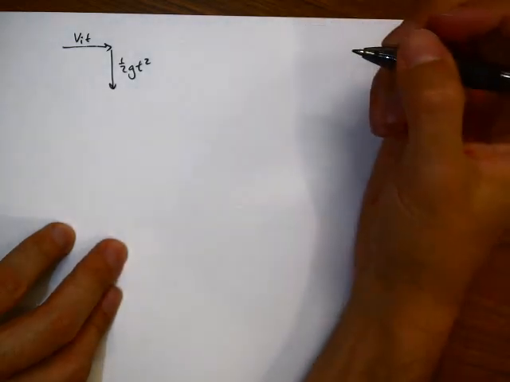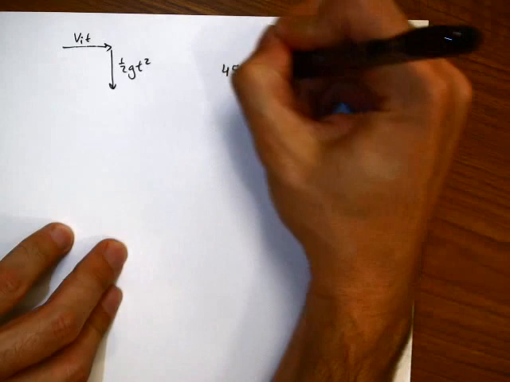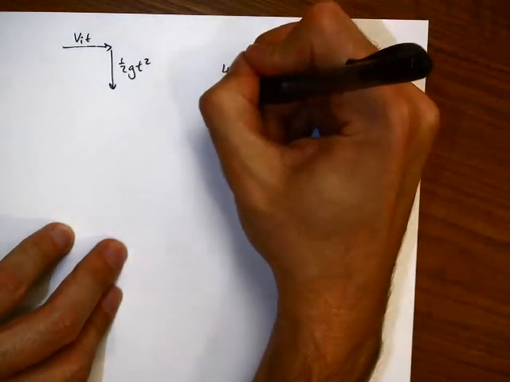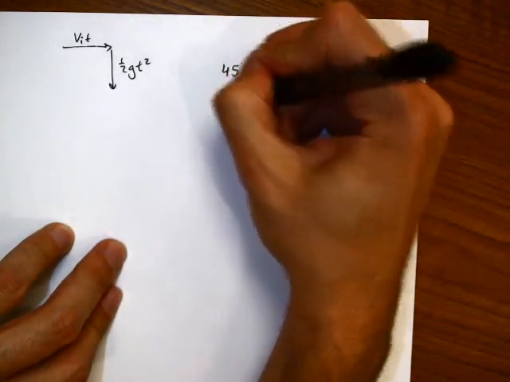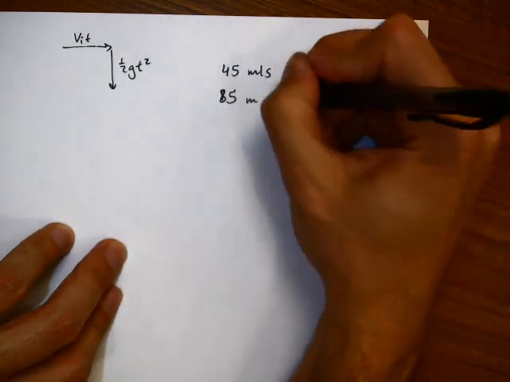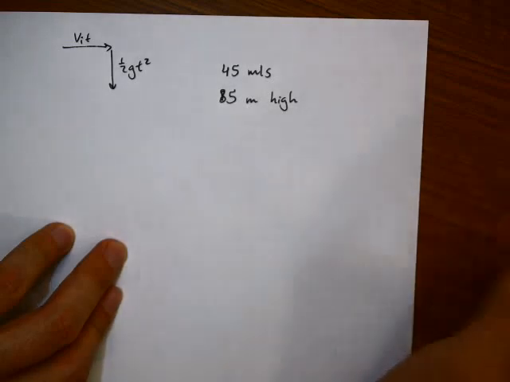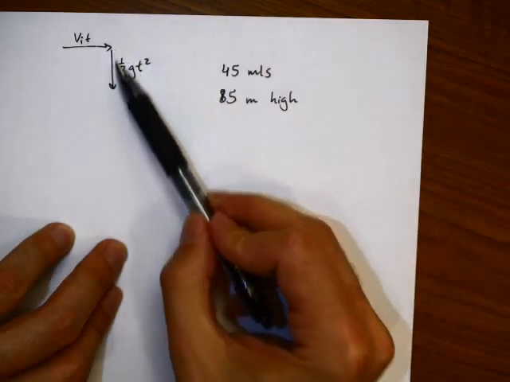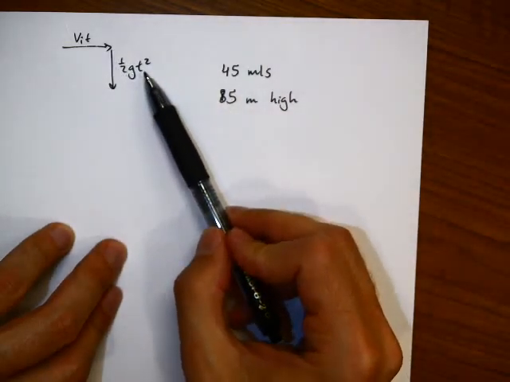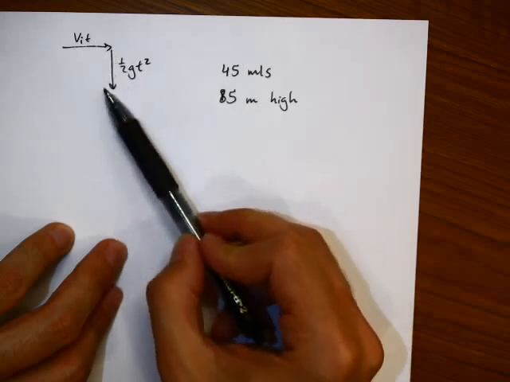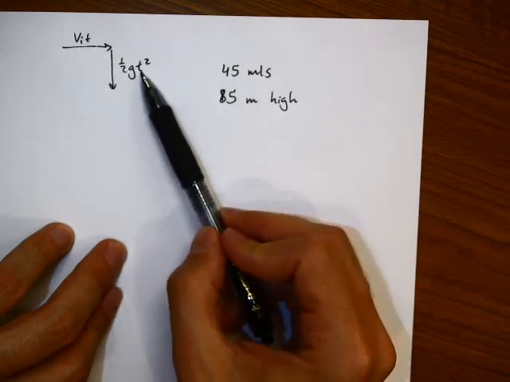Let's say an object runs off the edge of a cliff at 45 meters per second and the cliff is 85 meters high. How long does it take to hit the ground? And what is the range or horizontal displacement? Well, the object falls 1/2 GT squared from a gravity-free path in time t.